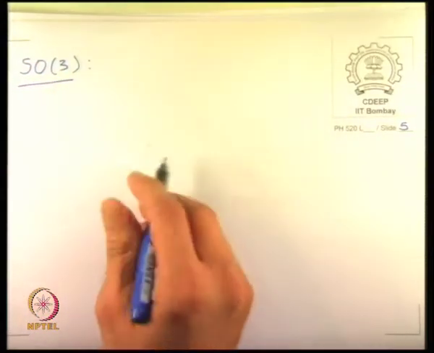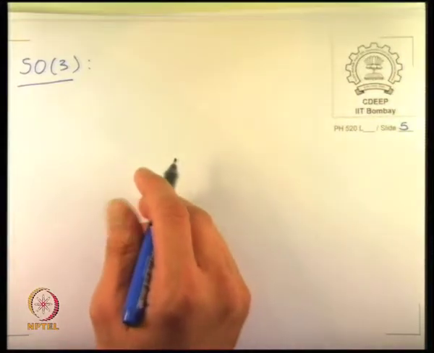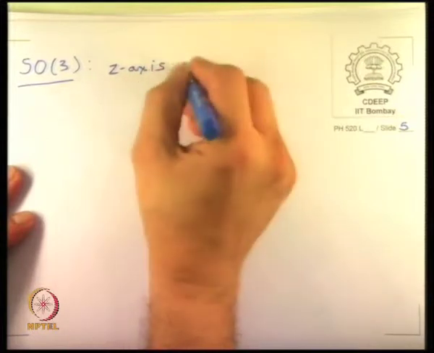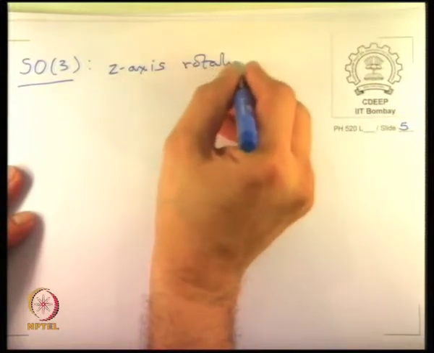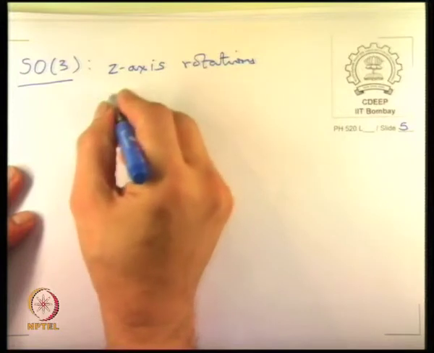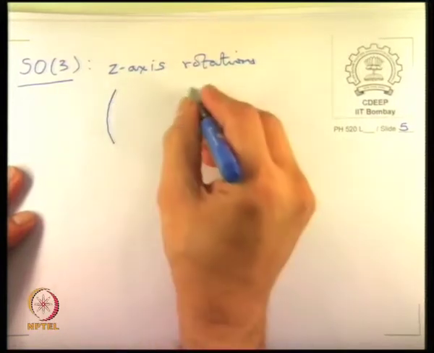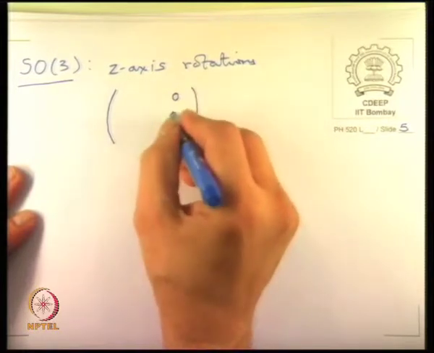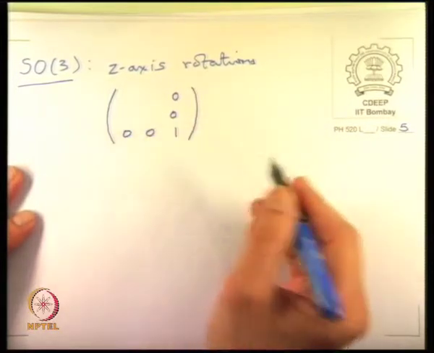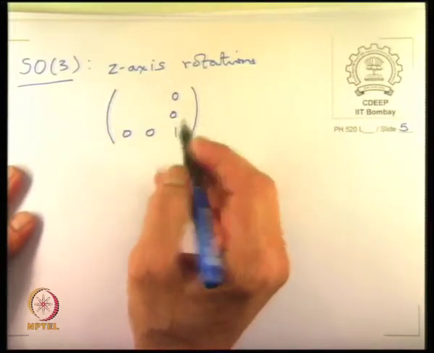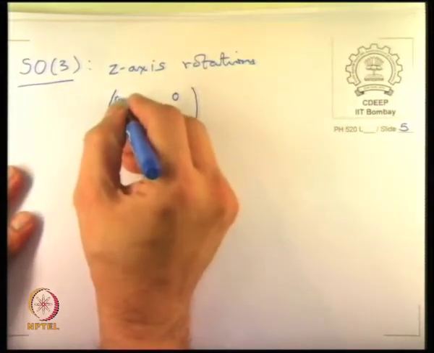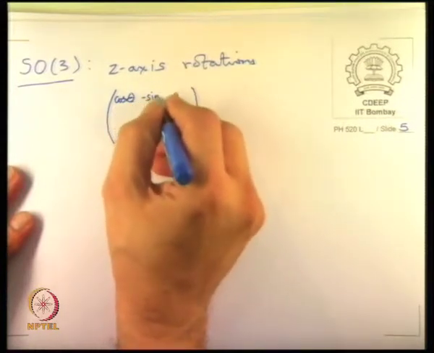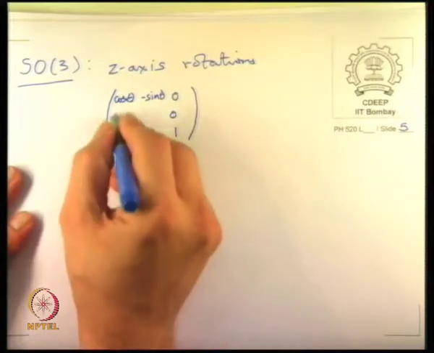A typical example is rotations around the z-axis. So z-axis does not move, so that remains 0, 0, 1, and here we write it out in terms of an angle, minus sine theta, and cos theta.